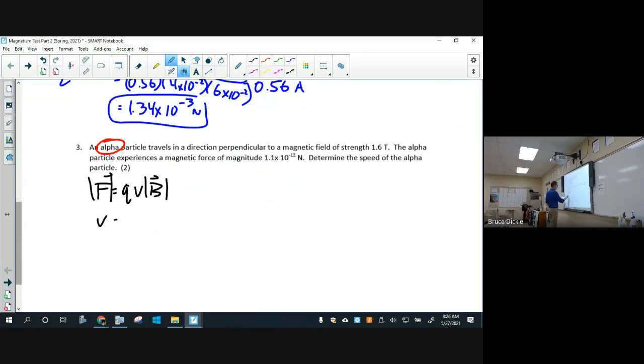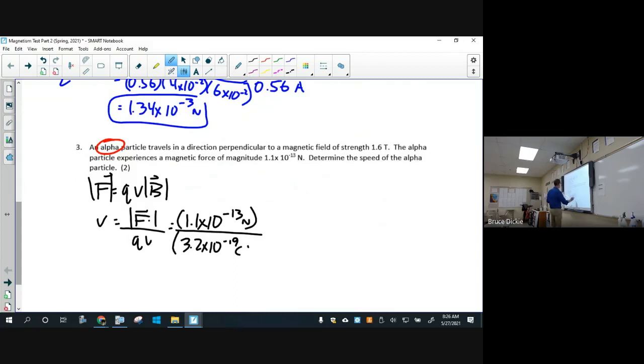The Q and the B both go down by dividing, so it becomes F over Q times B equals V. My force here is 1.1 times 10 to the negative 13 newtons divided by my charge, 3.2 times 10 to the minus 19, because it's an alpha particle, and the speed is, that should be Q times B on the bottom. The magnetic field is 1.6 Tesla.